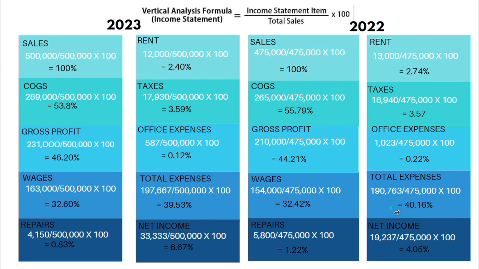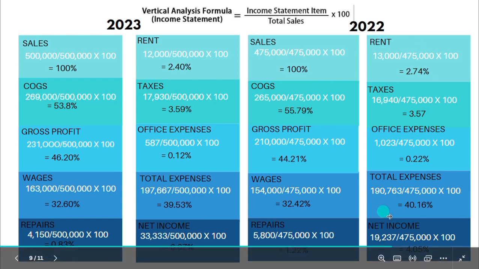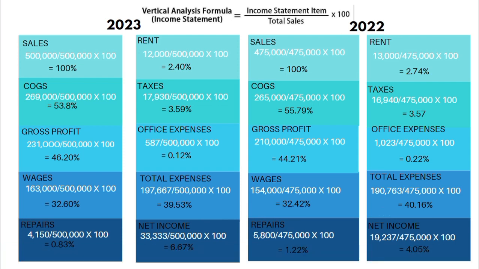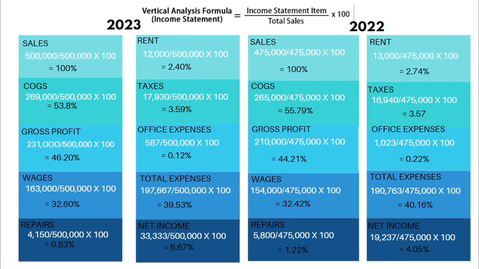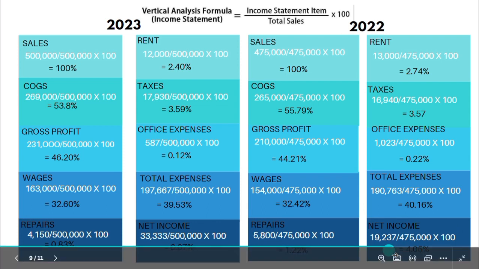So, for the net income, meron silang 19,237 noong 2022 and 475,000 na total sales. Divide lang and yung quotient nun is times ulit sa 100 and ang total niya is 4.05%. So, ganun lang kunin yung vertical analysis na percentage.